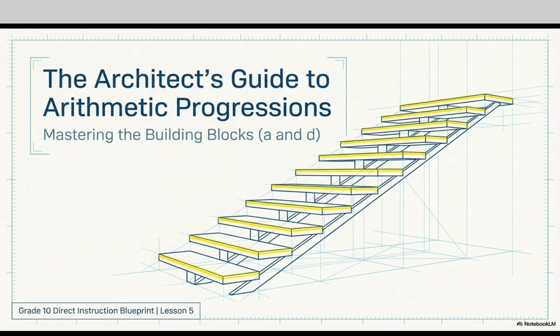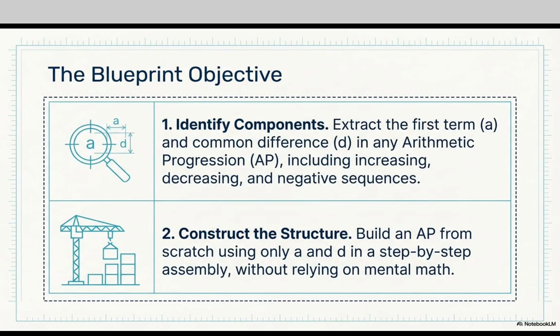And also you should be able to build the terms of an arithmetic progression from scratch when we are given only the values of A and D, the first term and the common difference. Okay, so these are our objectives.